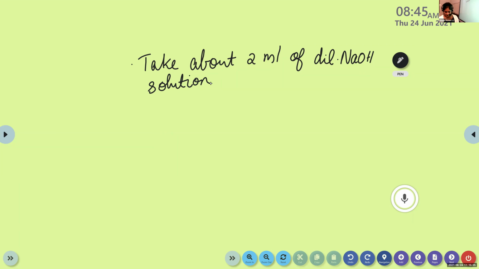Is it an acid or a base? Base. Yes, it's an example of a base, right? Then we add 2 drops of phenolphthalein.